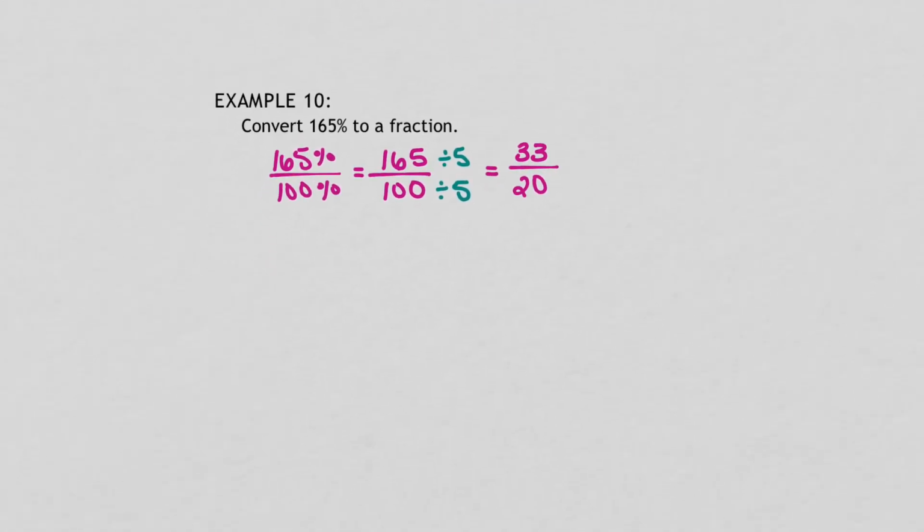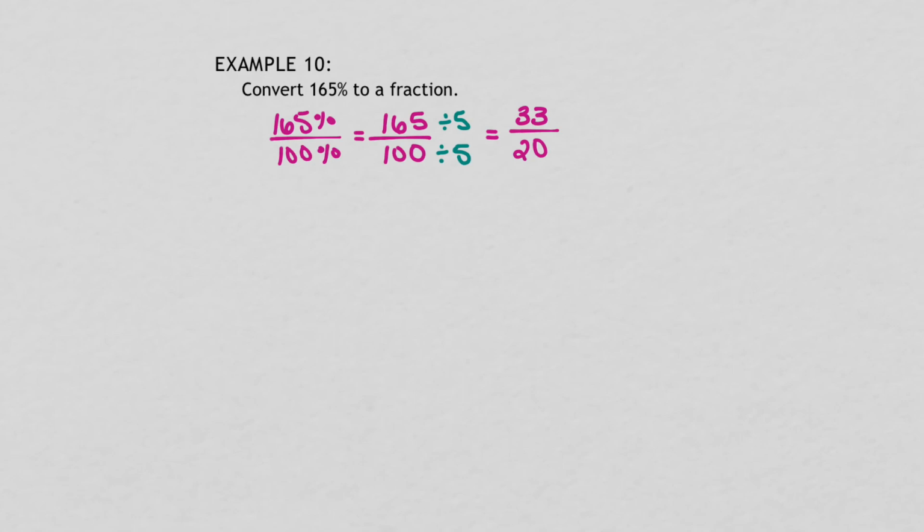And neither of those are both divisible by the same thing, so that's as far as we can go. So here we have it as an improper fraction. If we want to change it to a mixed fraction, we'll divide 20 into 33. That goes 1 time. 33 minus 20 is 13. So as a mixed fraction, we have 1 and 13 twentieths.